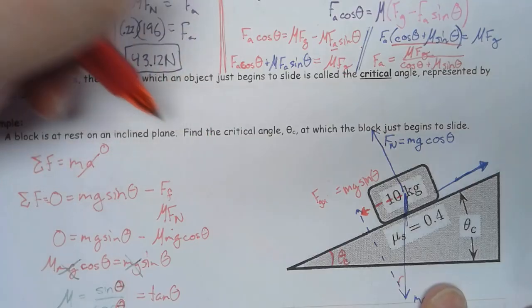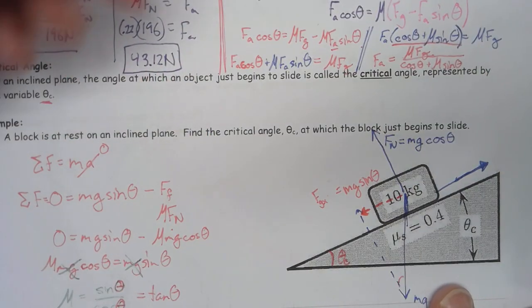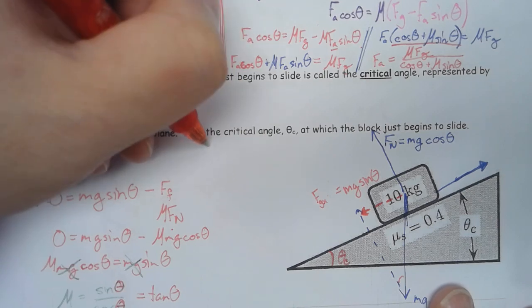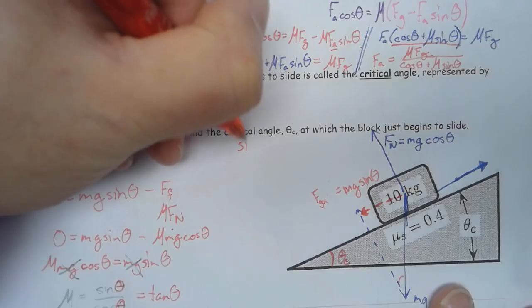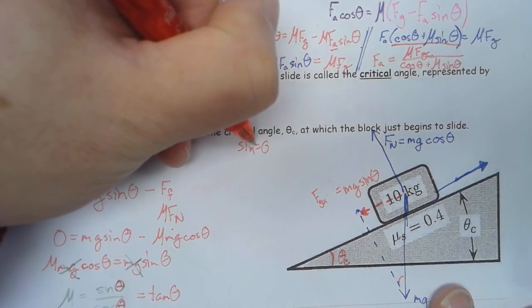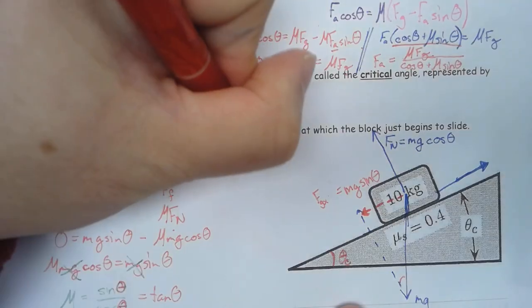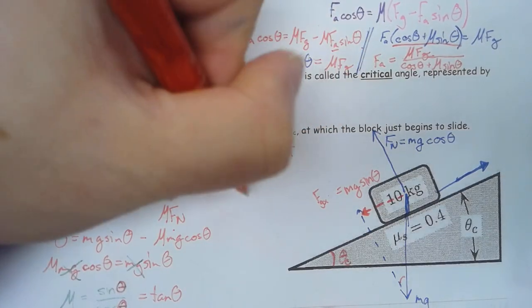If you don't know where we got this, because some people are not in pre-cal, it's been a while since geometry. Some people are past pre-cal. Remember that sine theta is equal to opposite over hypotenuse.